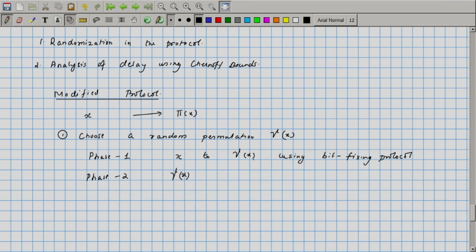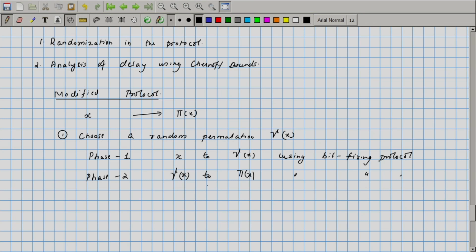So, when I say x to gamma x, there is a packet at the source x which is being sent to gamma x, and that packet from gamma x we will send to pi x, again using the bit fixing protocol. So, this we will call phase 1, and the second part we will call phase 2.